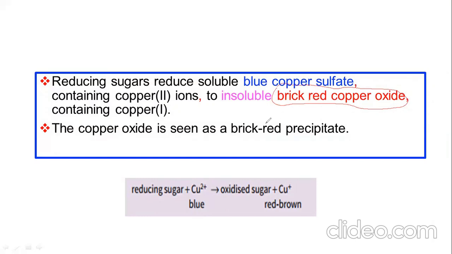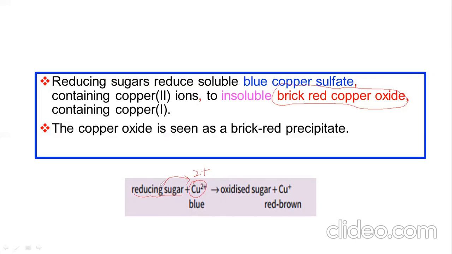Is it clear? Now, how is the reducing sugar doing this? You can check here: in Benedict reagent we have copper sulfate, right? So here the copper has what? A valency of 2, right? Now, when it accepts electrons from this reducing sugar, what will happen?